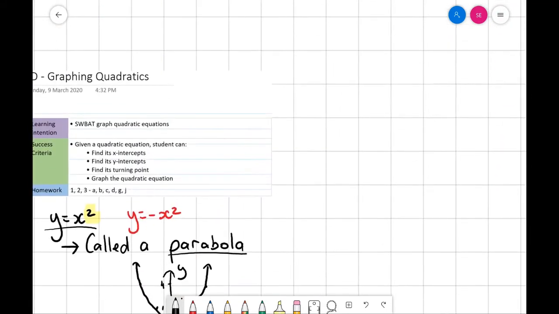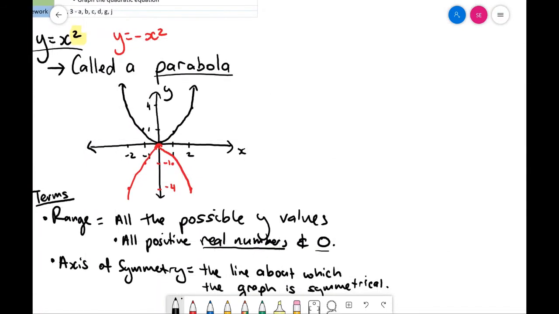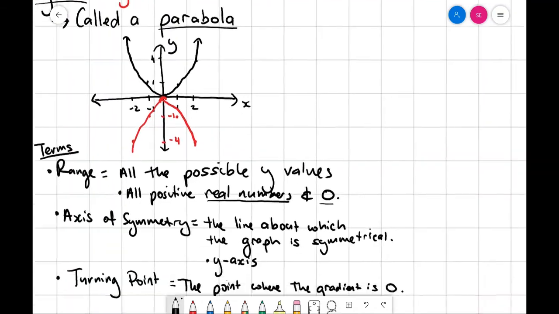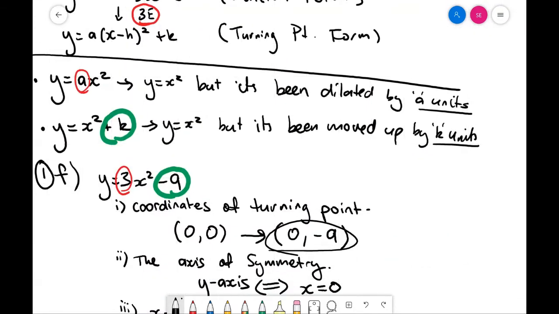Up here, you'd get that it crosses the x-axis when x squared is equal to 0. Therefore, it's when x is 0. So let's look down here.